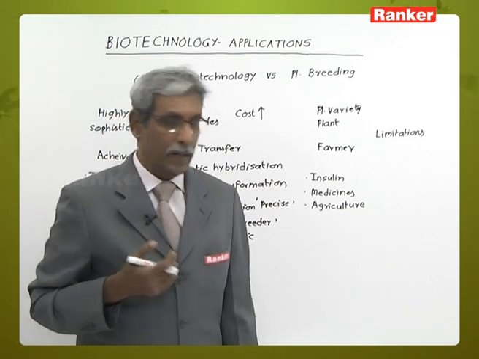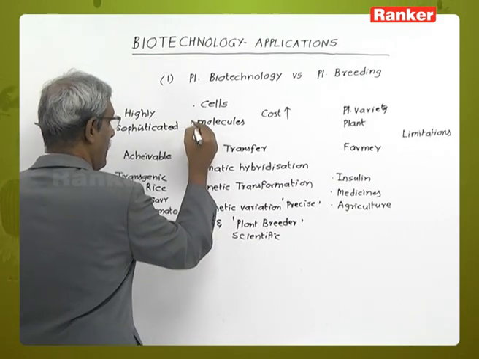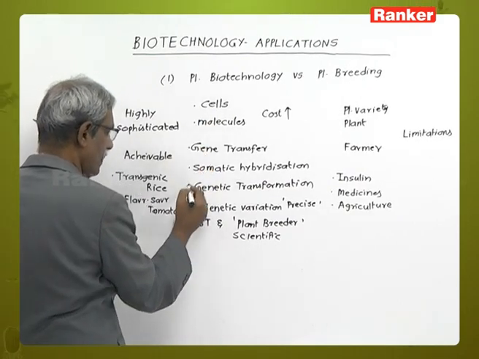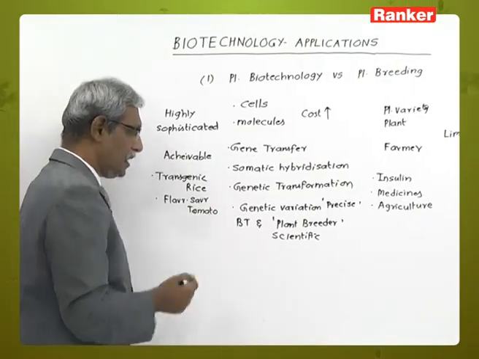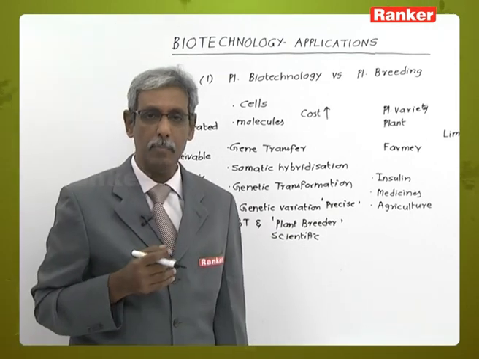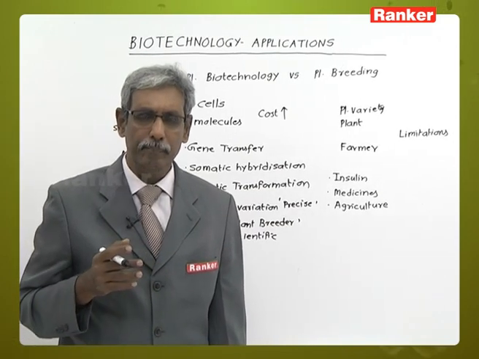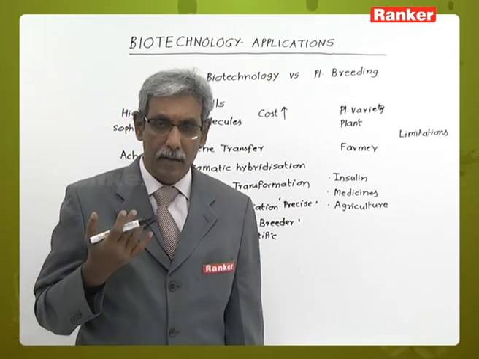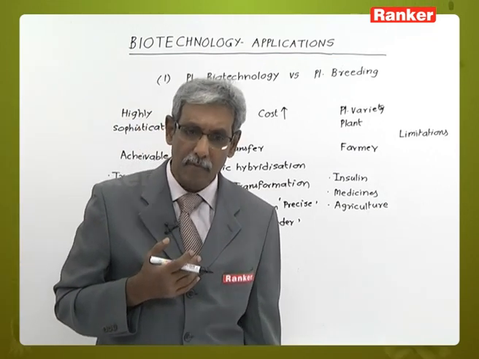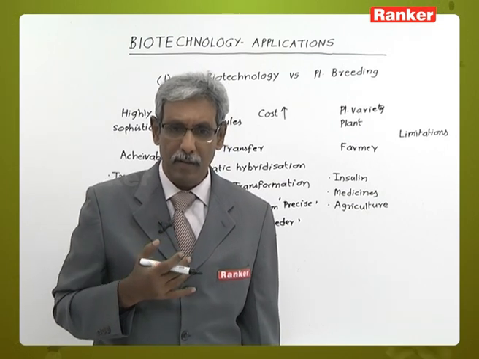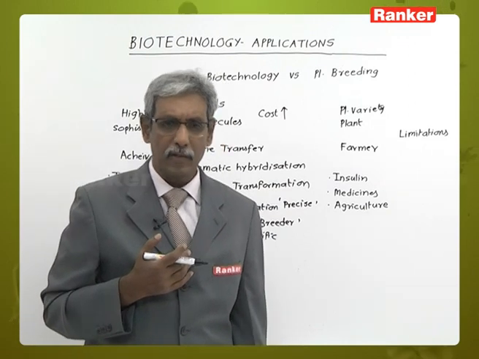Now, our aim is the manipulation of cells and molecules, doing gene transfer via somatic hybridization or genetic transformation. Otherwise, by genetic variation, we have great achievements in plant biotechnology. Next, I will very quickly go through a series of points on what exactly transgenic crops are and what the advantages of transgenic or genetically modified crops are.